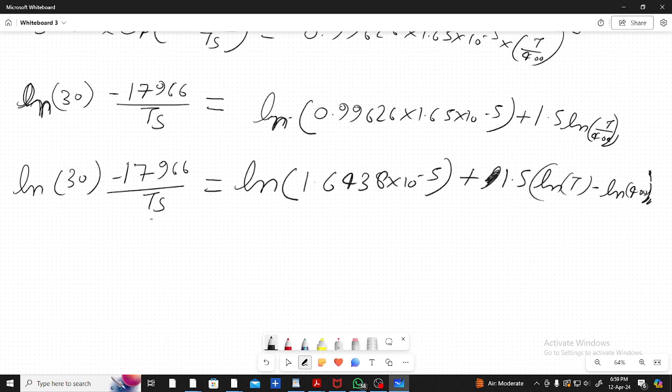See, we can bring this ts term to one side and the other terms to the other side.